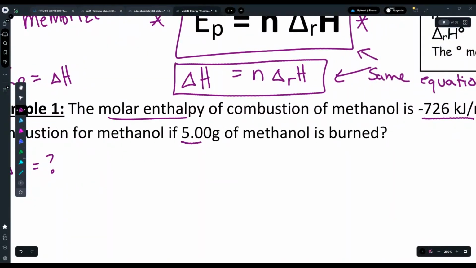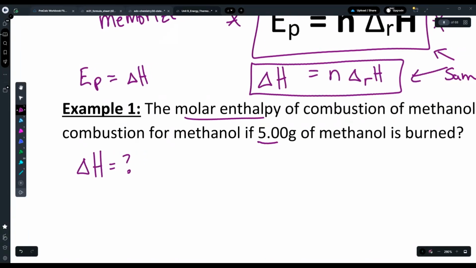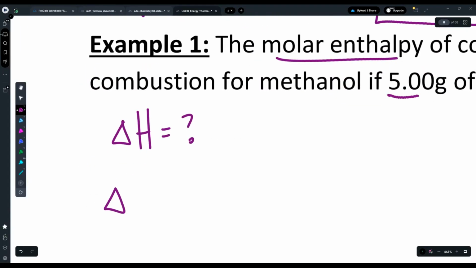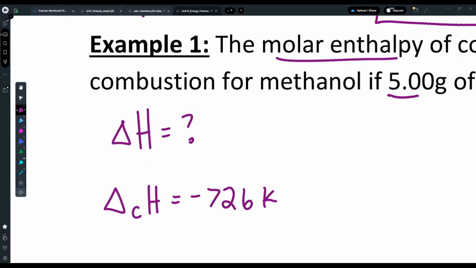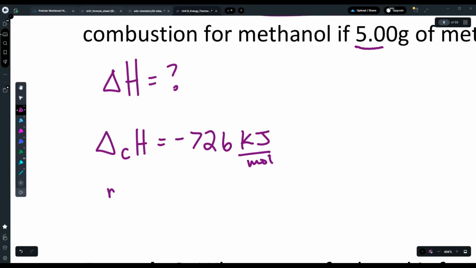But we're told that the molar enthalpy of combustion is negative 726 kilojoules per mole, and our mass is 5 grams.